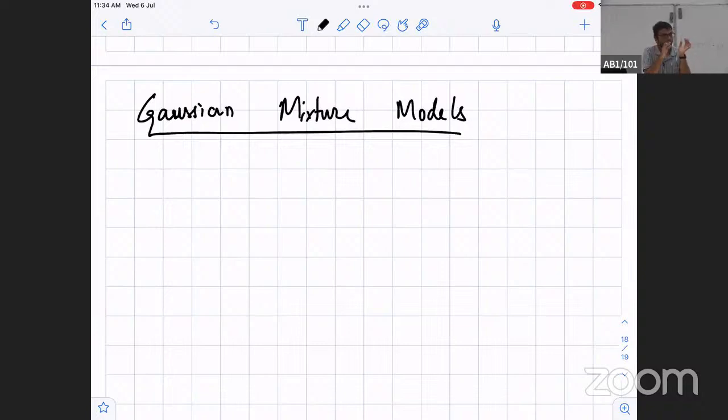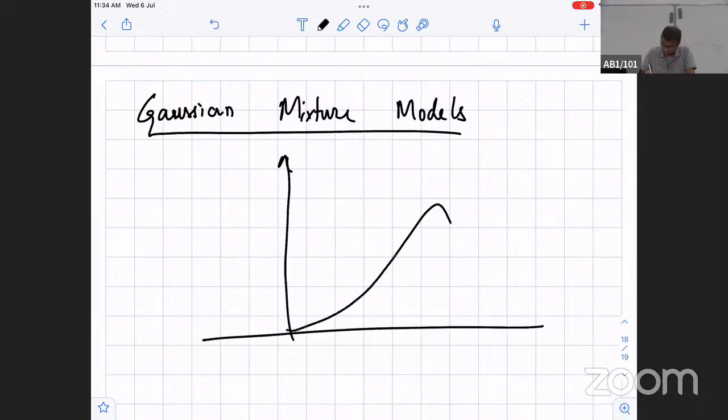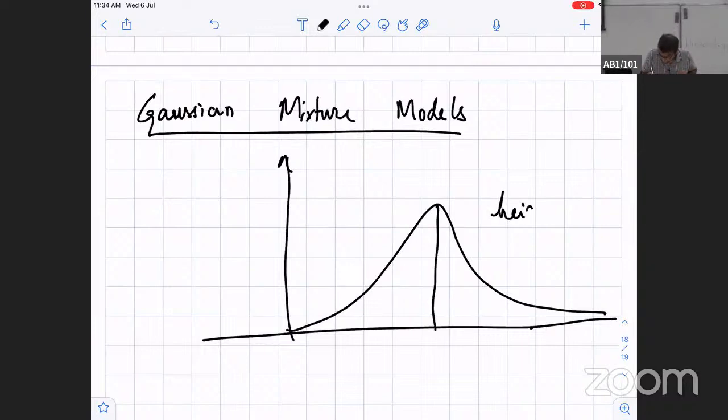Typically what is observed in nature is what is called a bell shape. It's kind of universal. People have noticed that many things in life have this kind of shape. Let's say this is heights of males in Gandhinagar.